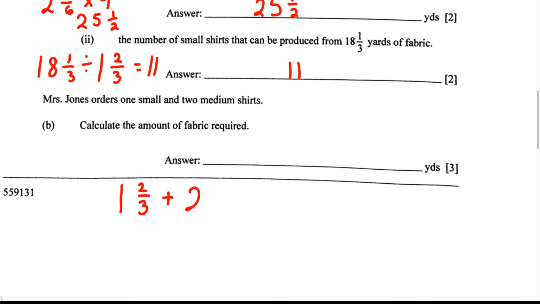So we can say 2 1/2 plus 2 1/2 because she ordered 2 medium shirts. When we put all of this in our calculator, we're going to get 1 ABC 2 ABC 3 plus 2 ABC 1 ABC 2 plus 2 ABC 1 ABC 2. This is going to give us 6 2/3 yards.